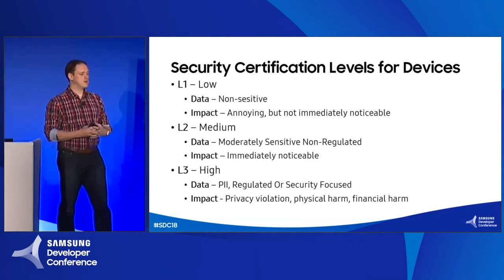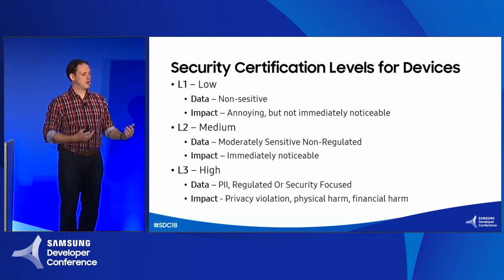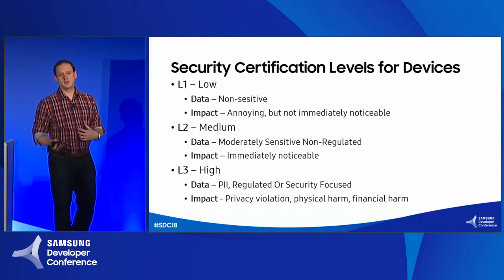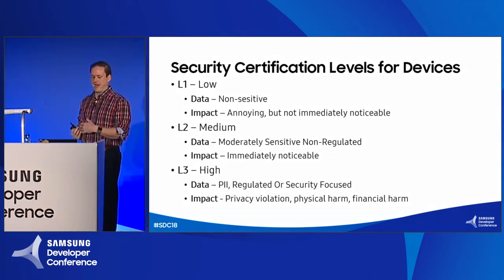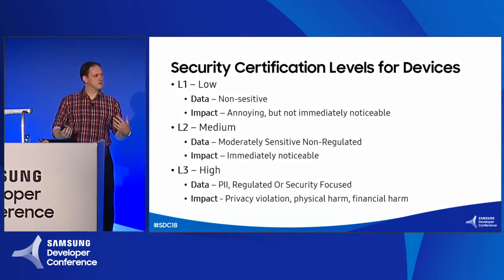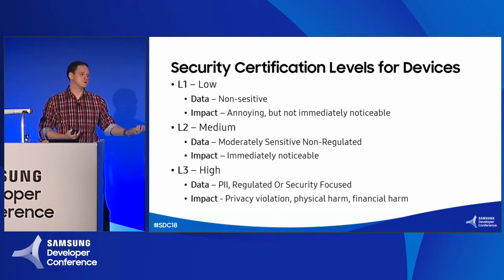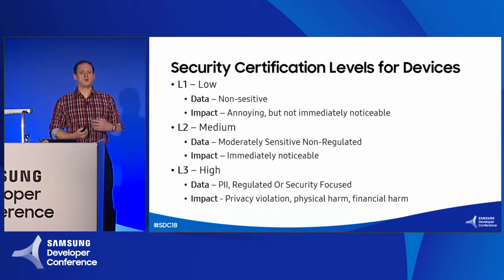Any data you're doing is non-sensitive. It's annoying, but not immediately noticeable if something goes wrong. The idea of this is something that's passive to your environment sensing, something that is maybe a temperature sensor or something like that. So that is something that doesn't need a very high level of security because it doesn't really affect the environment. Our level 2 certification is in the middle, it's medium.